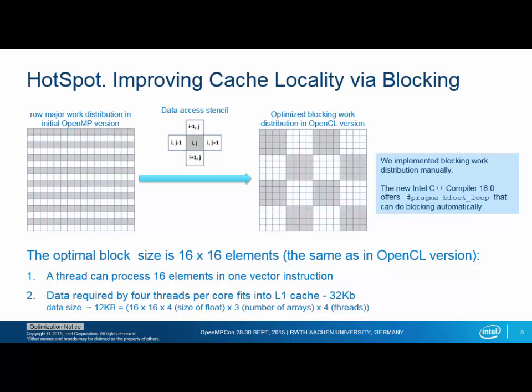Since each core can execute up to 4 threads, the L1 cache in that case is able to capture 4 blocks simultaneously. Did the OpenCL version compile automatically?